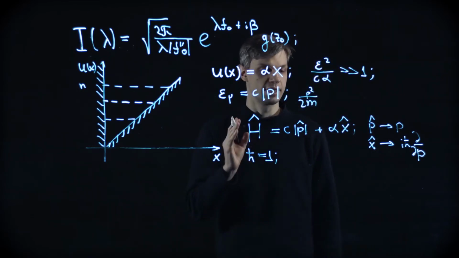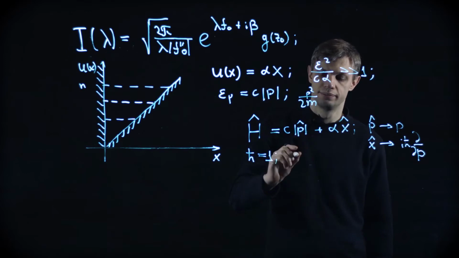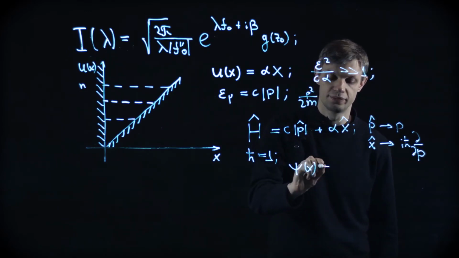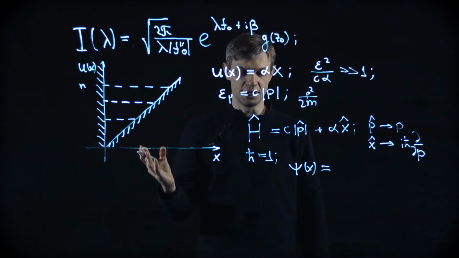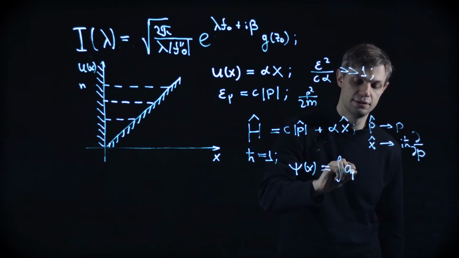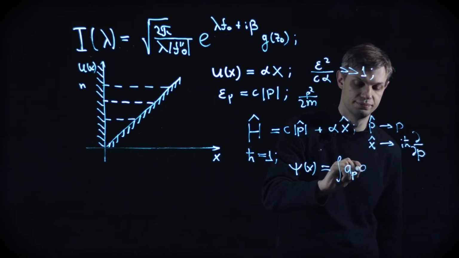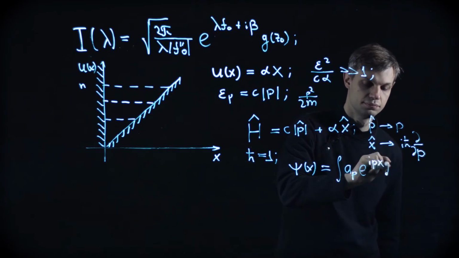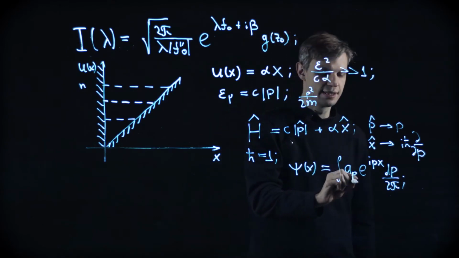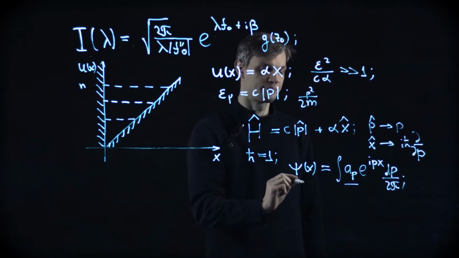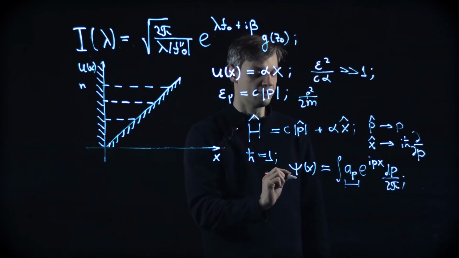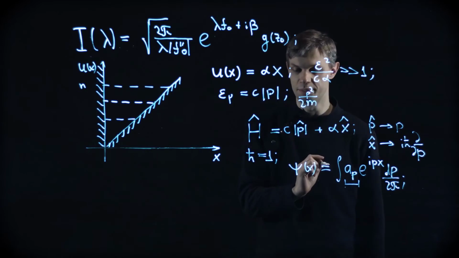OK, so let's start. I hope you know that the wave functions in coordinate representation and in momentum representation are related by a Fourier transform. So our goal would be to find this Fourier component of our wave function, the wave function in momentum representation.